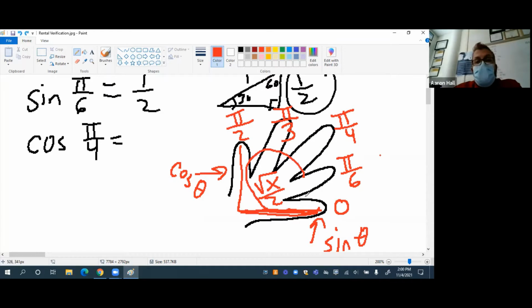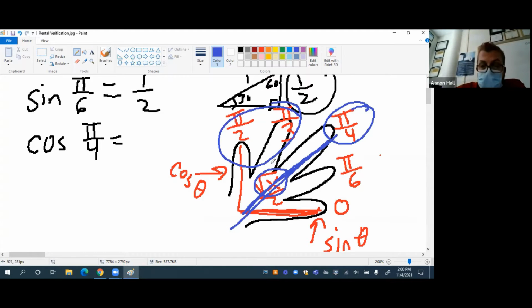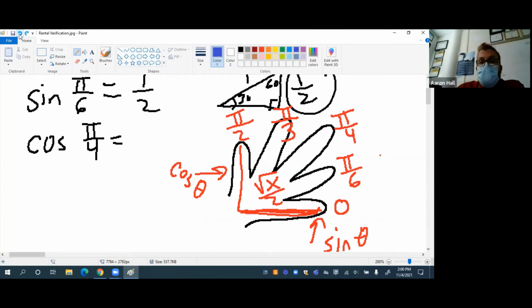We plug it into our formula here. We put down this finger because we're trying to find cosine of pi over 4. We have 2 fingers up, and we plug that in here. So that gives us 1/2 times the square root of 2, or just the square root of 2 over 2.